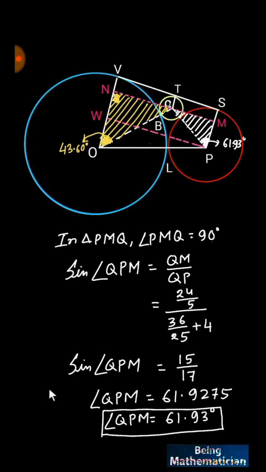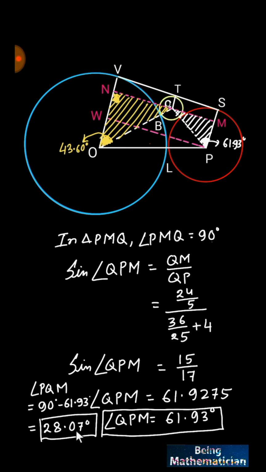Now we can find the other angle, and that is PQM in the triangle, which is 90 degree minus 61.93 degree, and it must be 28.07 degree.